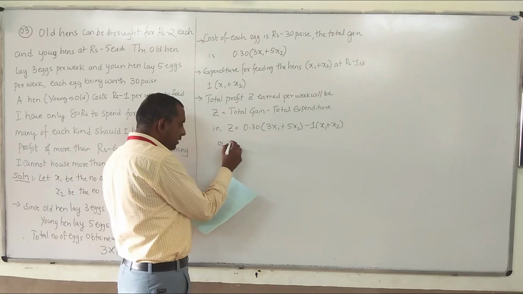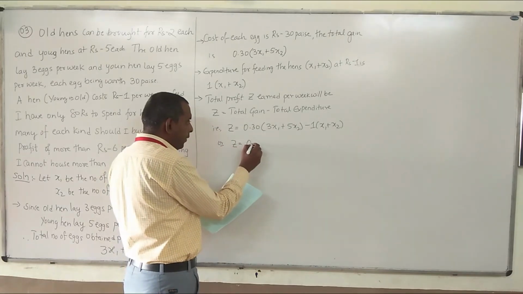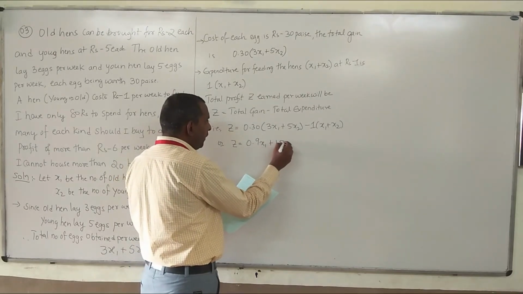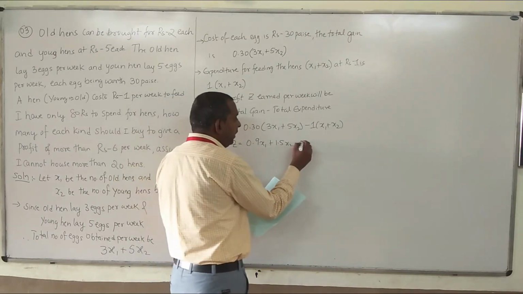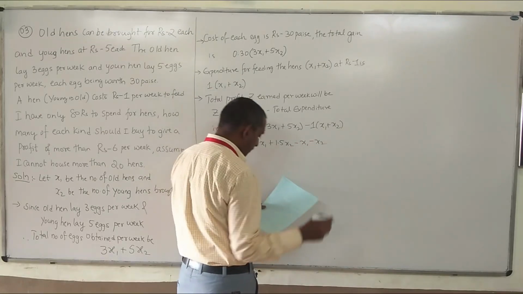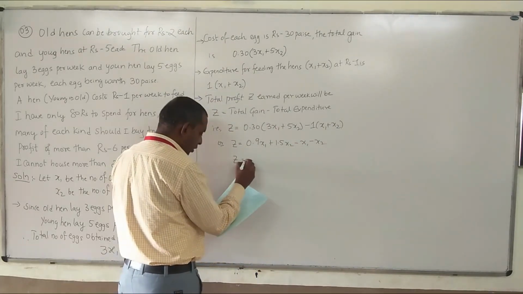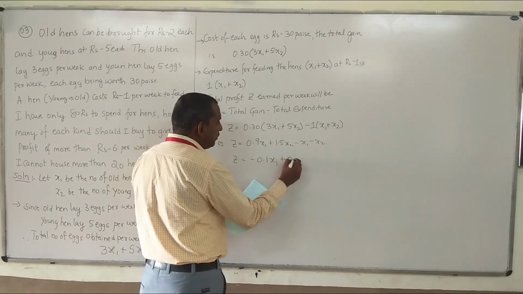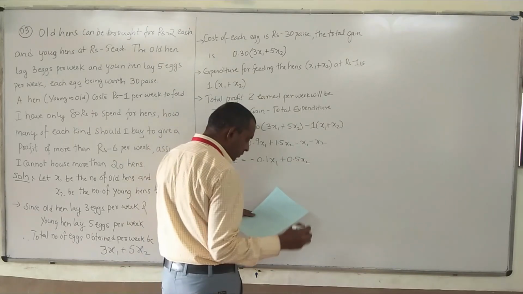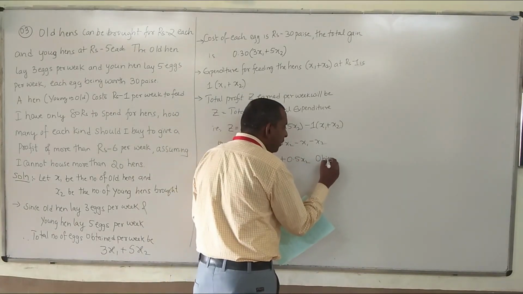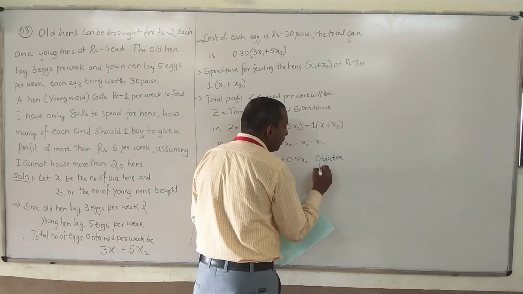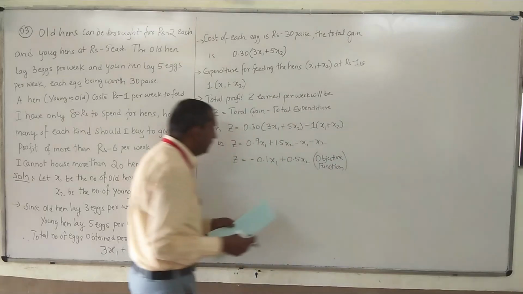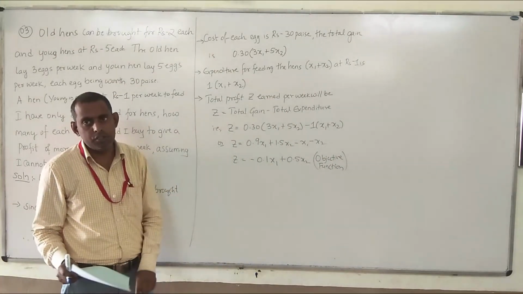Or I can write Z equal to 0.9x1 plus 1.5x2 minus x1 minus x2. So Z equals minus 0.1x1 plus 0.5x2 is the objective function.